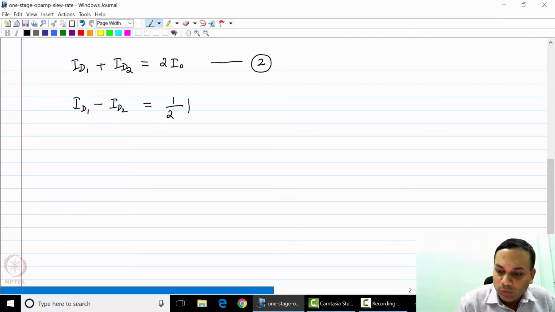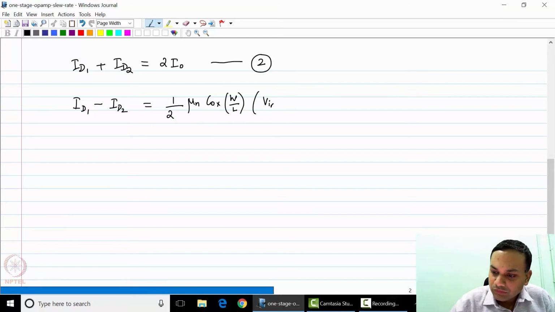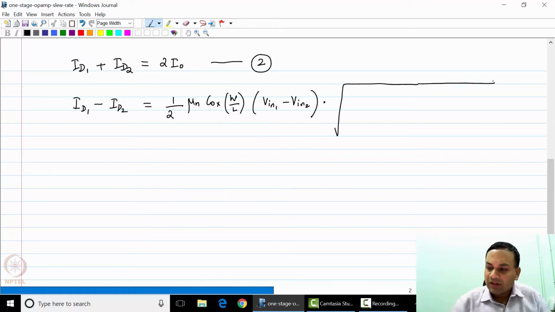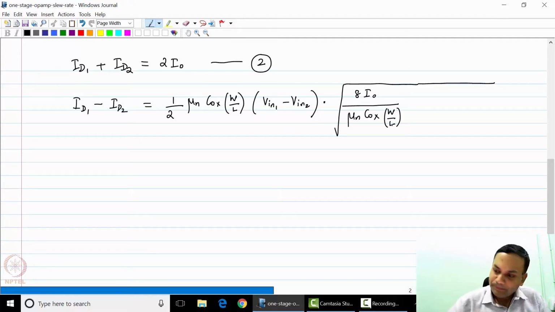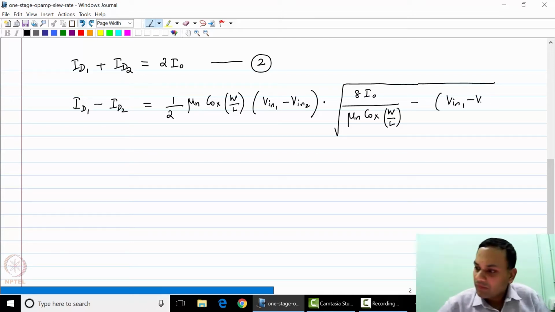ID1 minus ID2 is half mu n C ox W over L times V in 1 minus V in 2 times square root of 8I0 over mu n C ox W over L minus V in 1 minus V in 2, the whole squared.